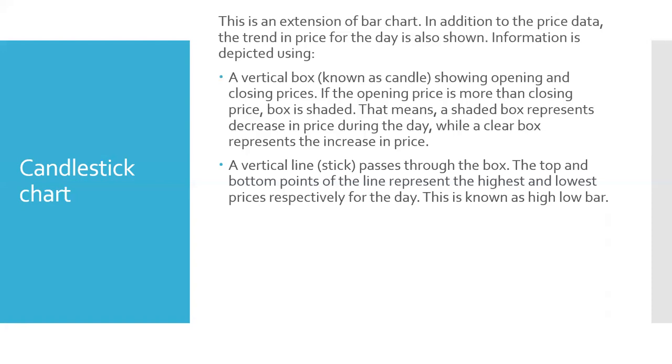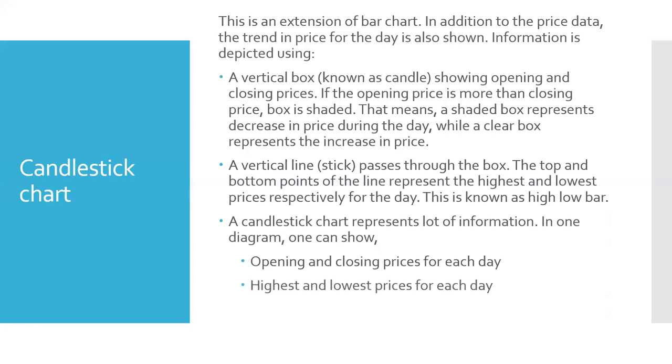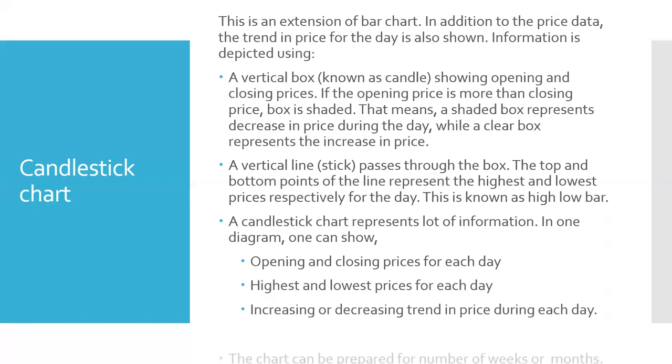So information is depicted in two ways, through a vertical box and through a vertical line known as the stick. So this chart depicts more information. It shows information on opening and closing prices for the day, highest and lowest prices for each day, and increasing or decreasing trend in price during each day.